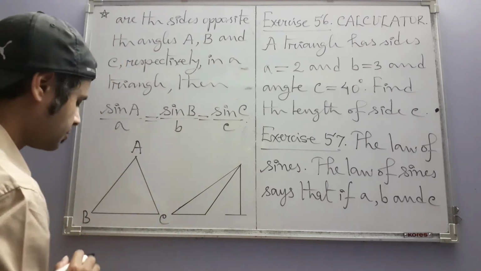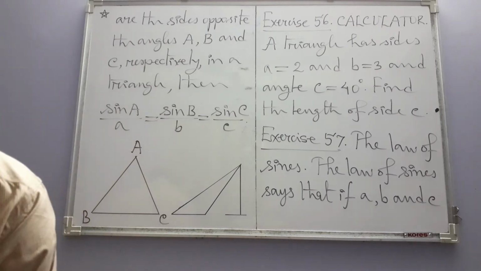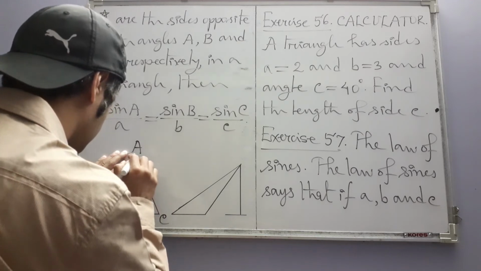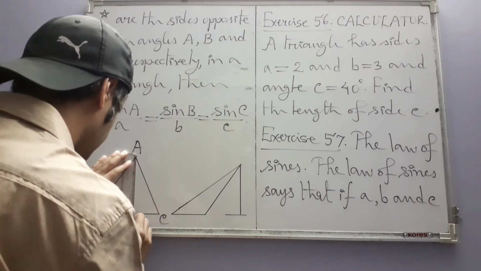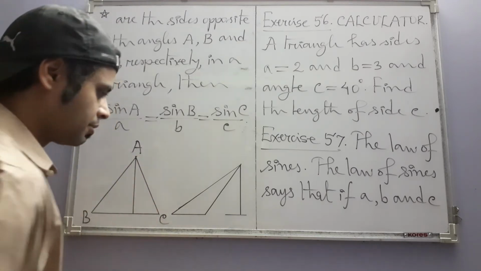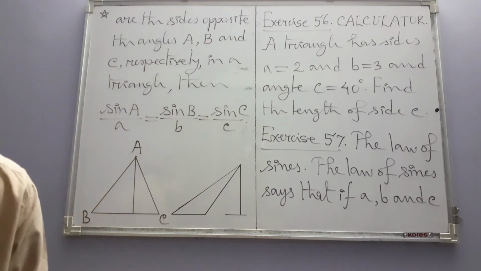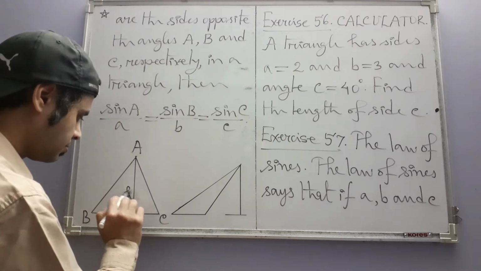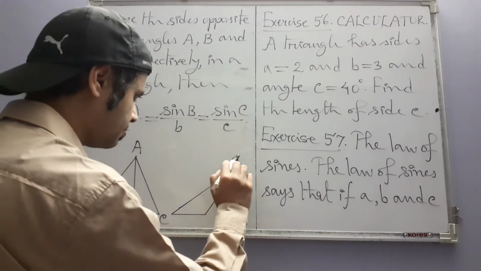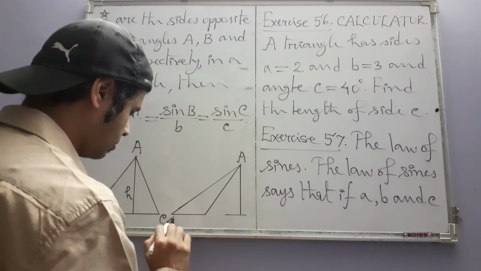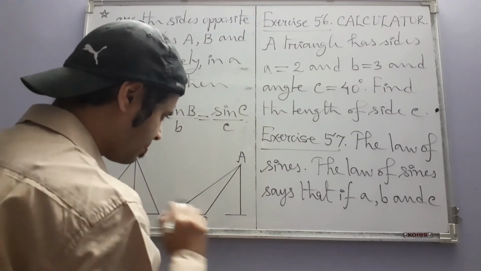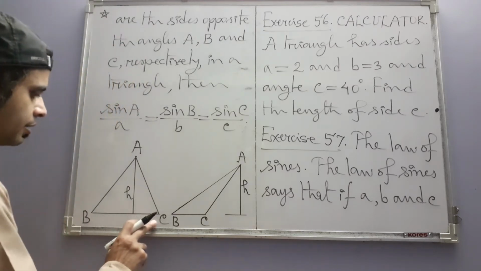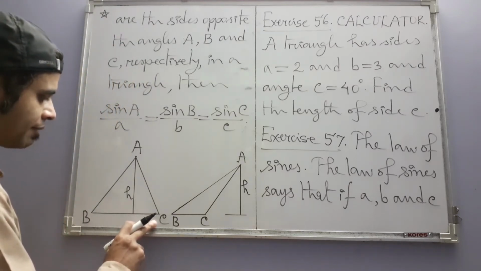Oh, I forgot to draw this perpendicular. There is a perpendicular drawn from the vertex A to the opposite side, which has length h. Here also, A, B, C, this perpendicular has length h, and the angles have been named.